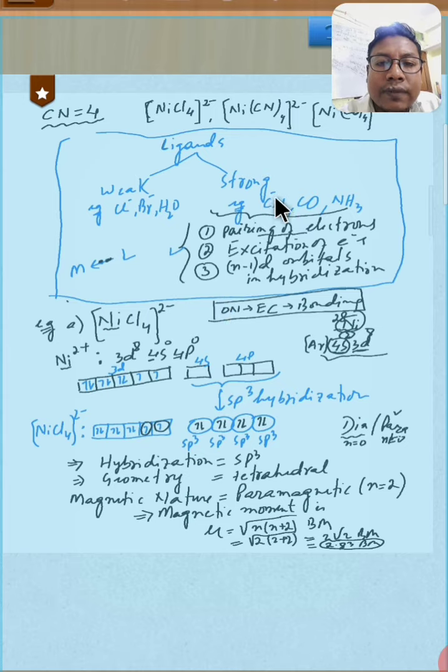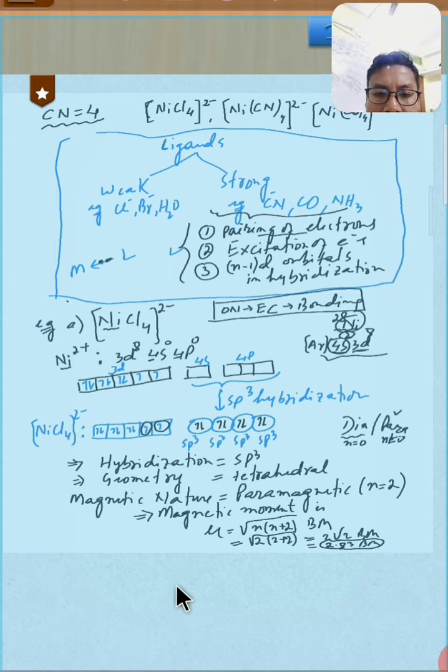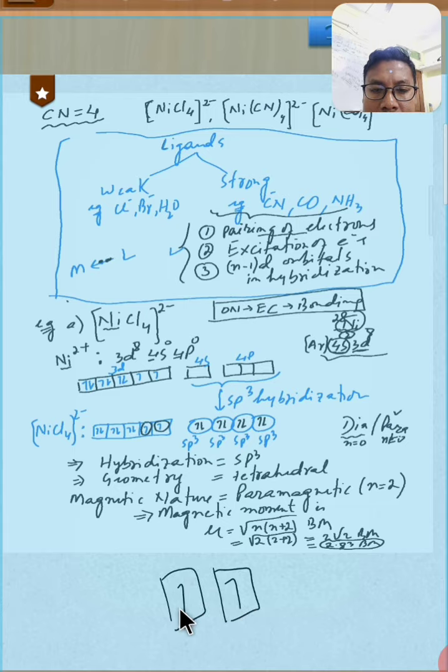If the ligand present is a strong ligand, then there will be pairing of electrons. That means if there are unpaired electrons, like these two unpaired in two different orbitals, then these two unpaired electrons will get paired up if the ligand is strong.